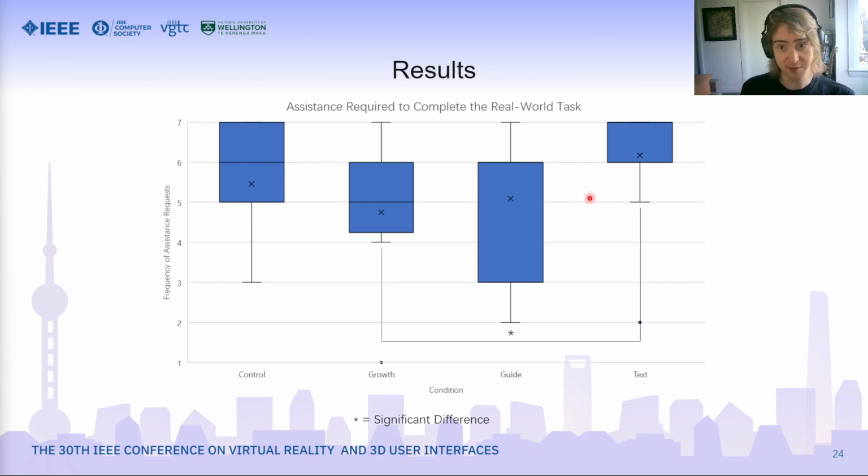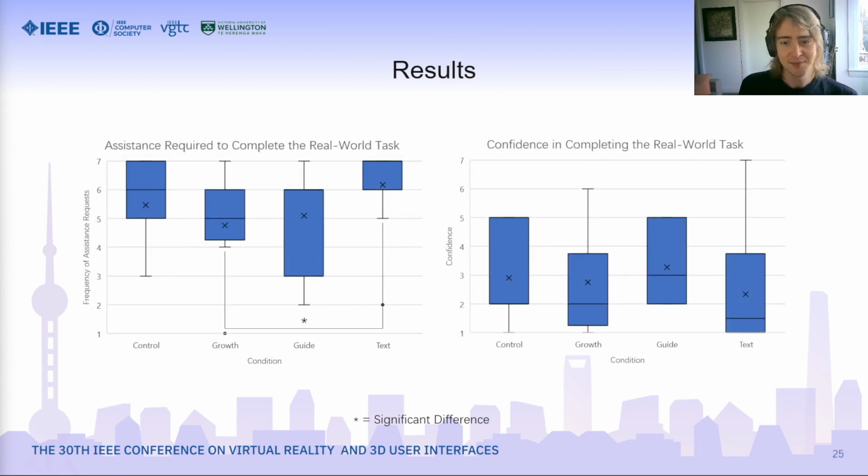So you can see here the difference between the text and the growth condition, that was significant. And there was also a weaker relationship between the text and the guide conditions, which wasn't significant after correction, but it was close. But then, funnily enough, even though they needed more help from the study mediator to finish the task, they all felt equally confident in completing it.